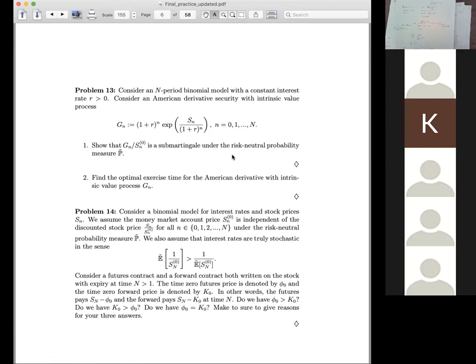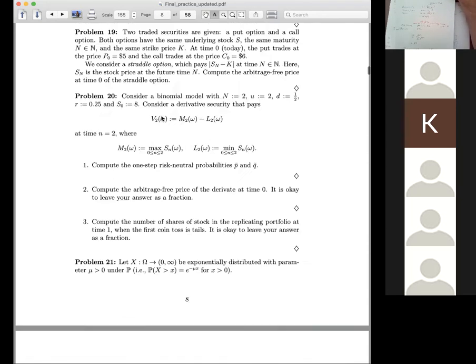So we have an American derivative. So here's your intrinsic value. So it's not the same as what we looked at, but you can recognize here the exponential function, right? And the exponential function is also convex. So again, you're going to get this sub-martingale property. And what that means is that you won't exercise it early. So this was one example of that.